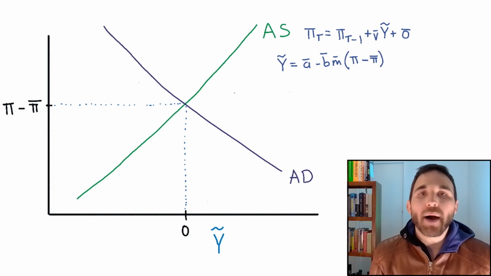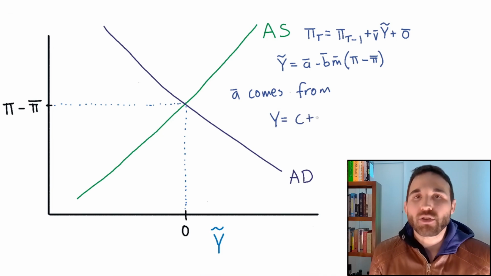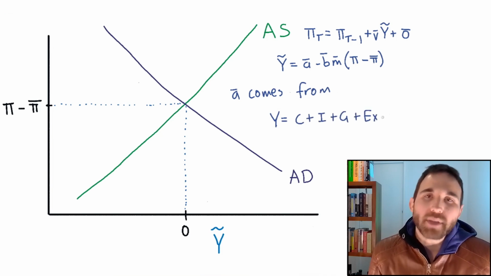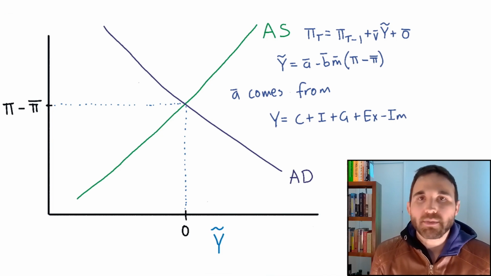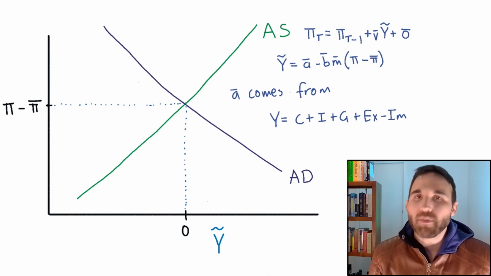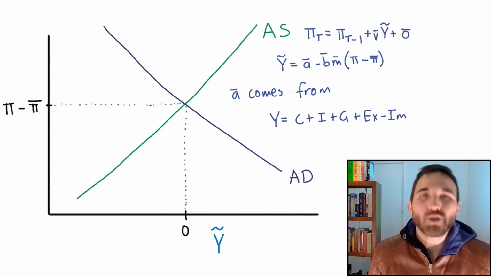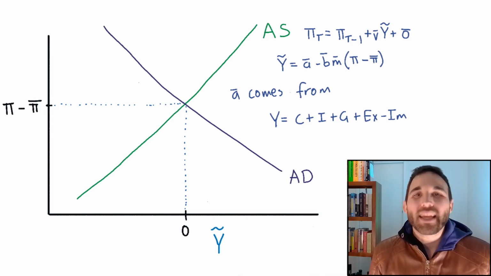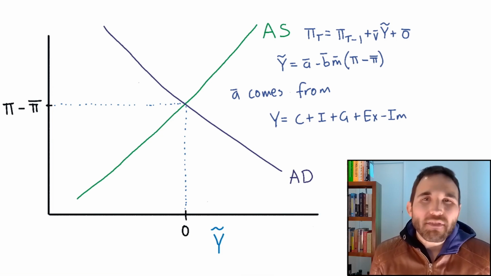So the A upper bar represents, if we go back to the national income accounting, we have Y, or simply output, is equal to C, consumption, plus I, investment, plus G, government expenditures, plus exports, minus imports. The assumption that we make for this model, and you do have to forgive it for this assumption, is that all of those expenditures remain roughly fixed.